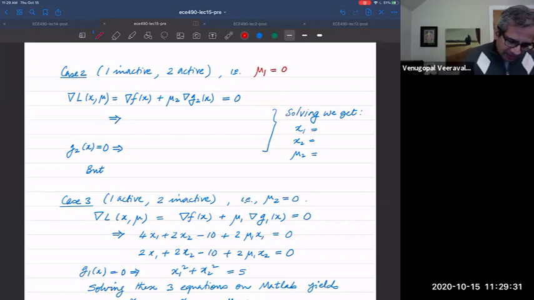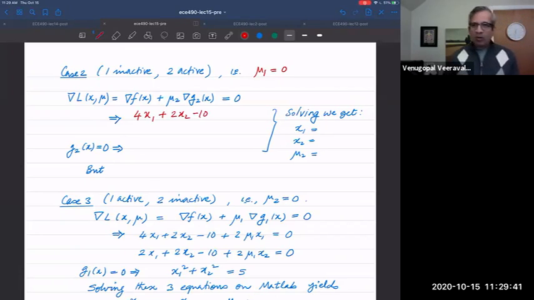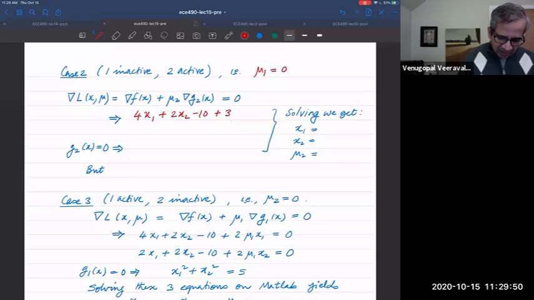The gradient of f is the same, 4x1 plus 2x2 minus 10. And then the gradient of G2, the first component was 3, so you get 3 mu2. And then the second equation, plus mu2 times 1, plus 2 equals 0.